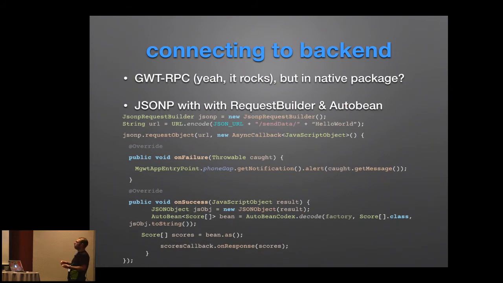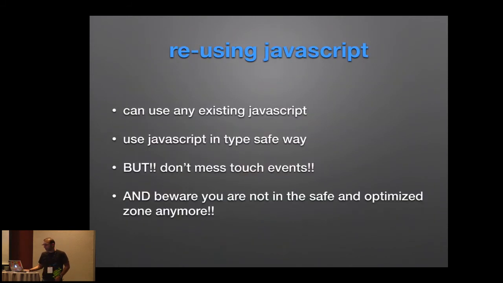So none of my views needed to really know about JSON, JSONP, or how to connect to the backend. Again, this was pretty easy to implement, and I was pretty happy with the result. And as you can see, I could just return some Java objects as my return type.